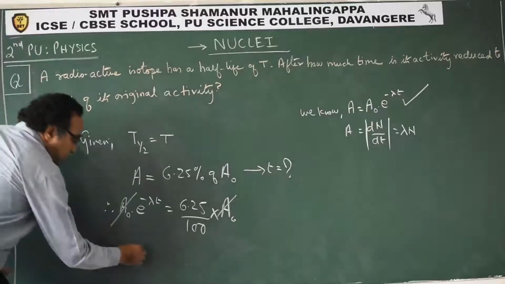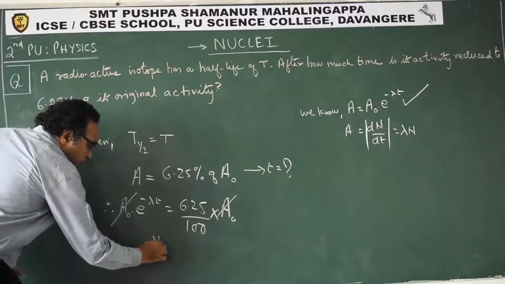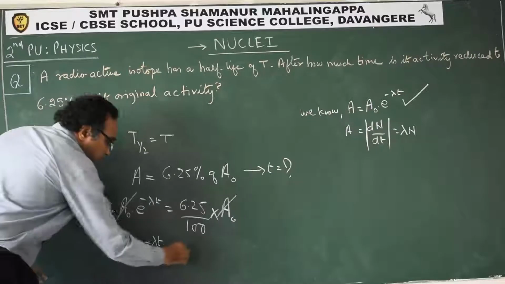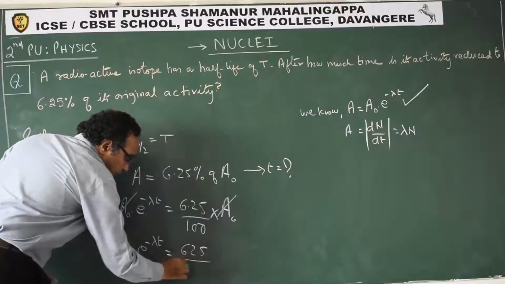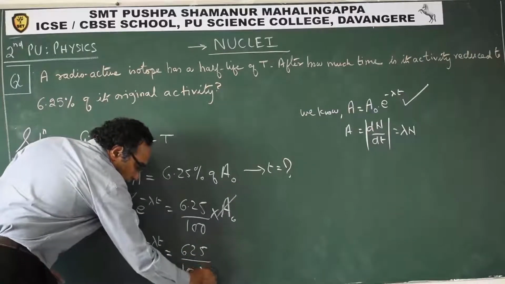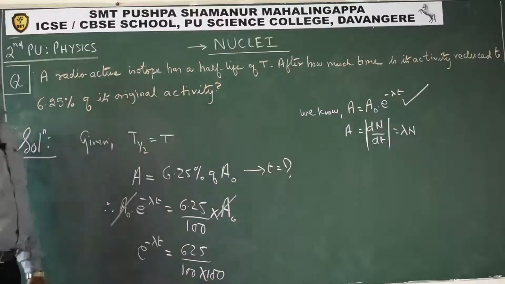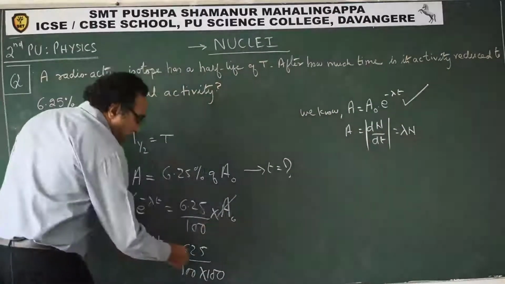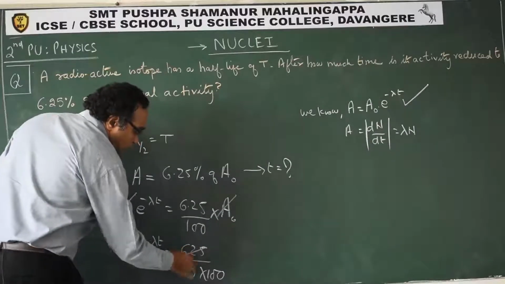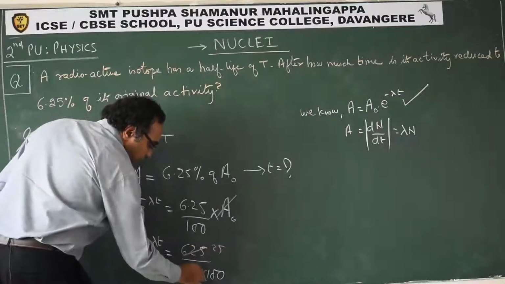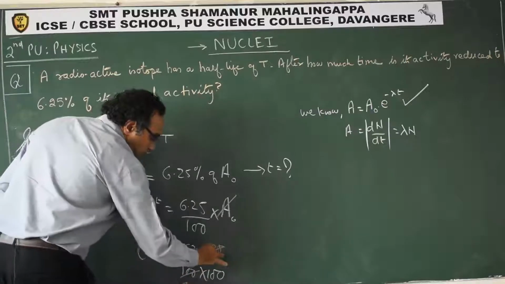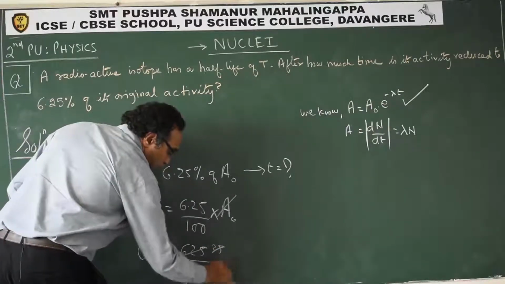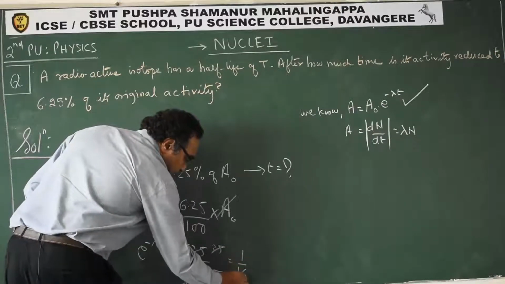So we can write e raised to minus lambda t is 625 by 100 into 100, taking out the decimal. Now simplify. This is 25 by 4, 25 by 4, this comes to 1 by 16.